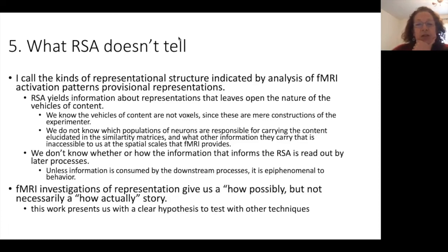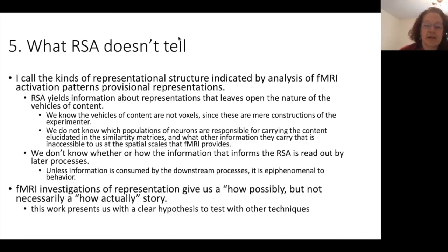So we know it's not voxels because those aren't real entities. We assume that it's something having to do with the populations of neurons that are comprised in the voxel, but we don't know either what those populations are, how those computations are being carried out, and what the information is that they carry, other than the information that we are putting into our model.